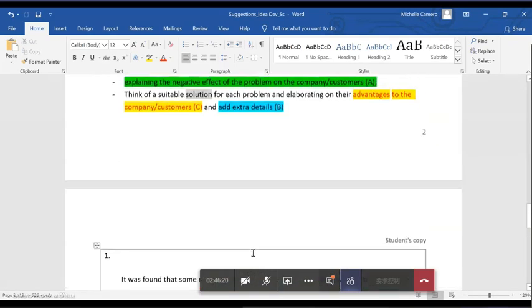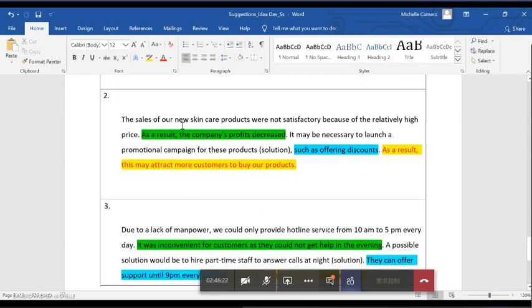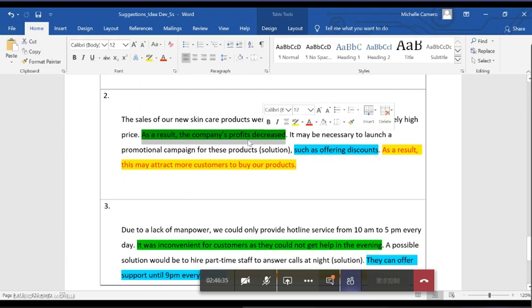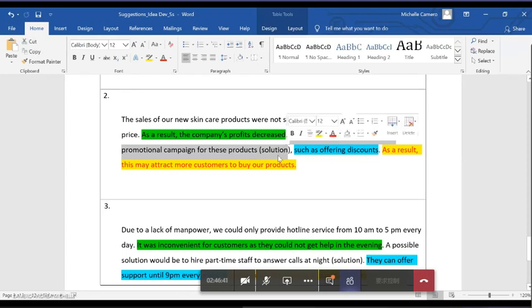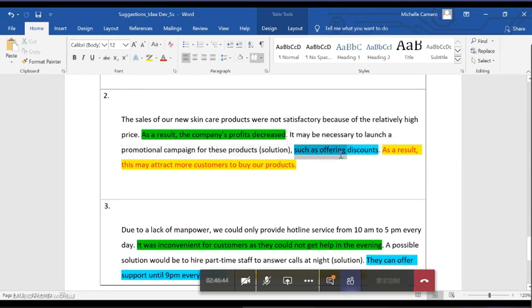All right, next we have the sales of our new skincare products were not satisfactory because of the relatively high price. So they have new products, but nobody's buying them because the price of the product is high. So as a result, the company's profits decreased. So that's the negative impact. It may be necessary to launch a promotional campaign for these products. This is the solution, such as offering discounts.